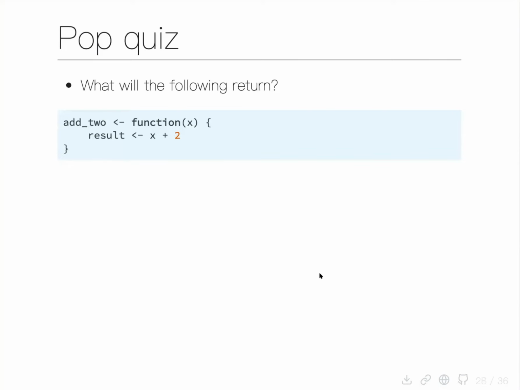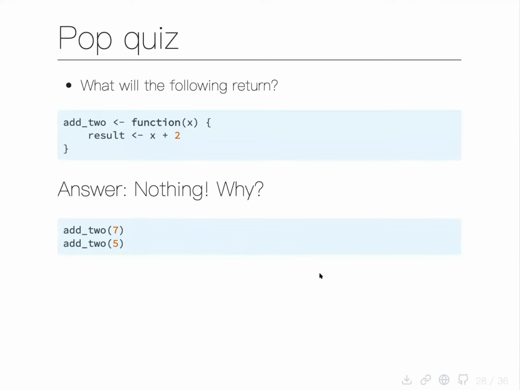Okay. So real quick, pop quiz. What will this return? Nothing. Why? Any ideas why this is returning nothing? Because you're saving the result variable, but not printing it or anything afterwards. Exactly.